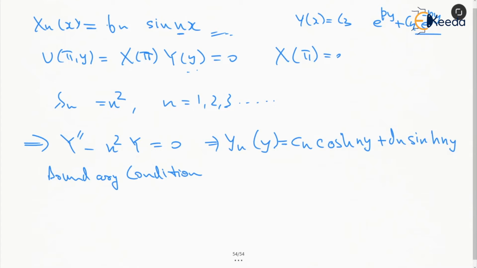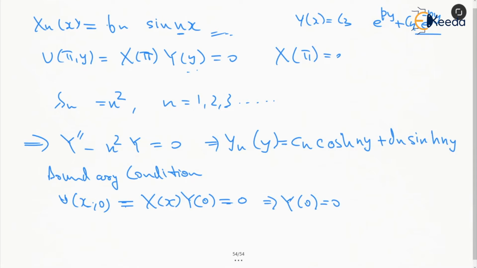The boundary condition says the first is u x, 0, which is going to be x of x and y of 0. As per the boundary condition, it is 0. So obviously x of x cannot be 0. What we can conclude is y of 0 equal to 0.